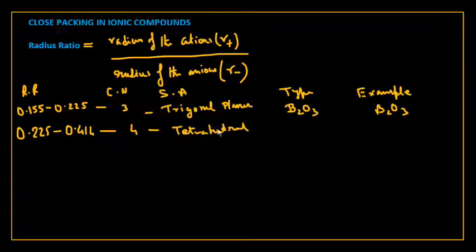The type will be ZnS. Examples can be ZnS, CuCl, CuBr, CuI, HgS.